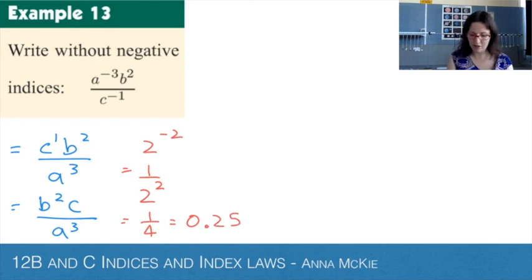I ask you to type into your calculator 2 to the power of negative 2. Go on, do it. And see what you get. And I bet you get, I hope you get, 0.25. So that's a justification that using this index law, where you make it positive and it's 1 over that, hopefully justifies to you why that rule is what it is.